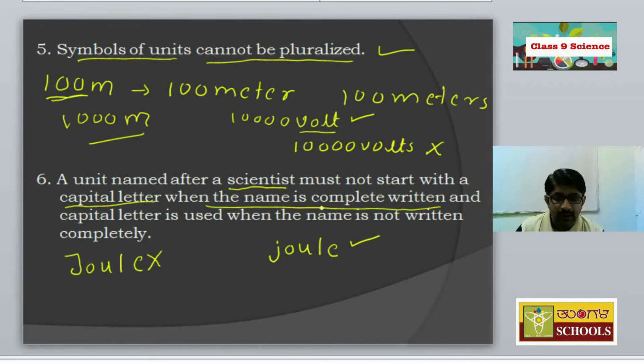A capital letter is used when the name is not written completely. When the name is not written completely, you can use capital J instead of joule. You have to say either capital J, or if you are writing completely, you write it in small letters only. I hope you are following this rule.